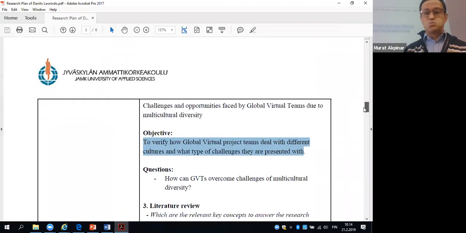He has the research problem, challenges and opportunities due to multicultural diversity, and the objective is to verify. Well, maybe that's not the best of words, to verify. It sounds very strong. Remember, when we are making academic writing, we should be soft in our sayings.